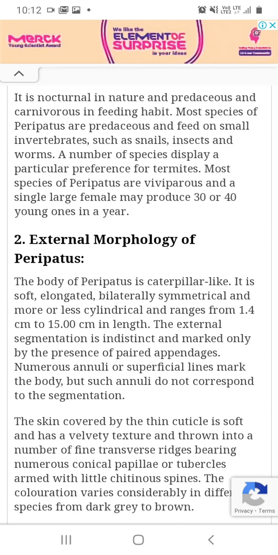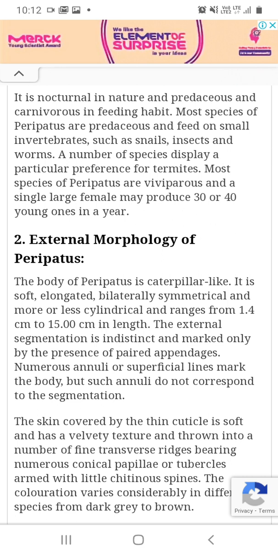And why is it so? As I told you in my last class, the spiracles or respiratory openings are scattered throughout the body, and they are not guarded by valves.